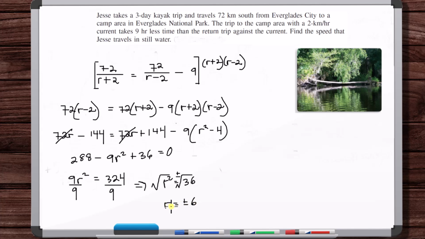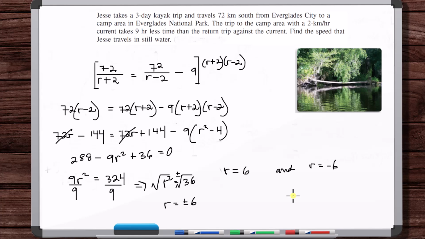So plus or minus 6, okay, but let's plug each of those solutions back into the original equation. Is there a domain issue? Are we dividing by 0 with plus or minus 6? No. Okay, so now we know that the answer to this rational equation that we set up is R is equal to 6 and R is equal to minus 6.